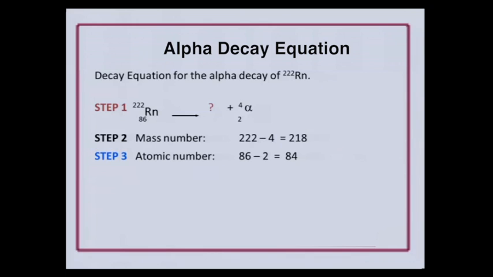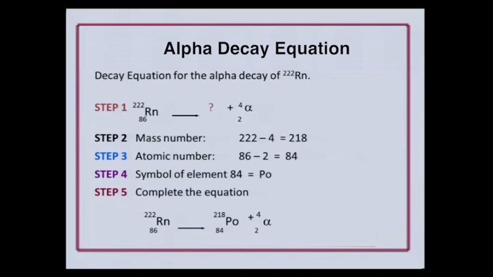That gives us a new Z number, atomic number of 84, changing the element that's involved. I go and find out what element 84 is, and that's polonium. And so to complete my equation, I would add that, and this would indicate the alpha decay of radon-222.